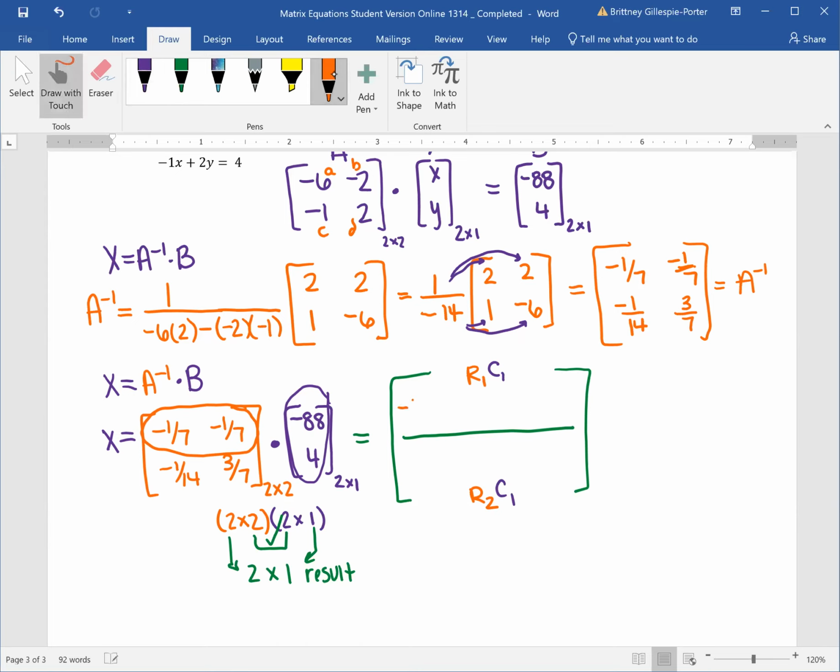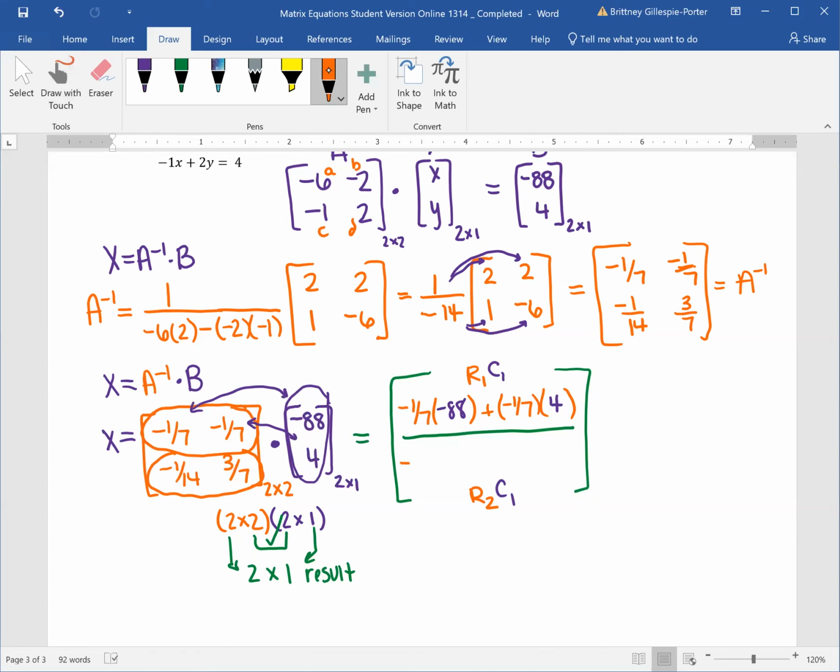which means we're going to have negative 1/7 times negative 88 plus negative 1/7 times 4. Remember, we're multiplying the first two together, and then we add the second two multiplied together. Since we have multiplied everything in row 1 by everything in column 1, we get to go to the second row.